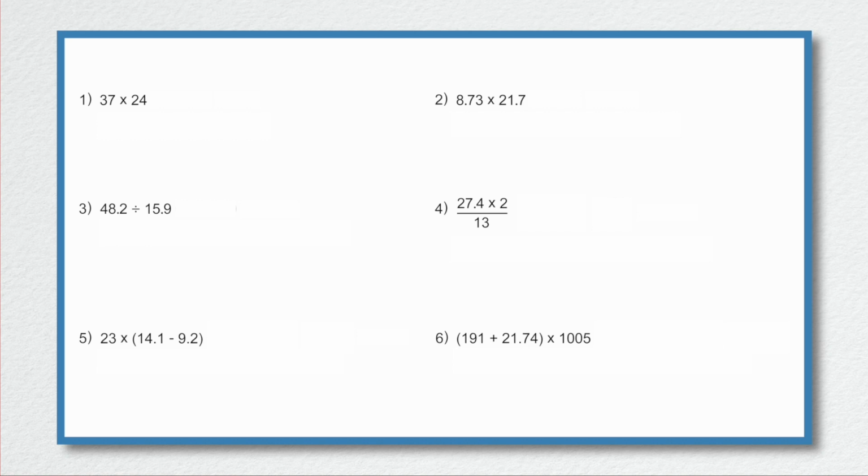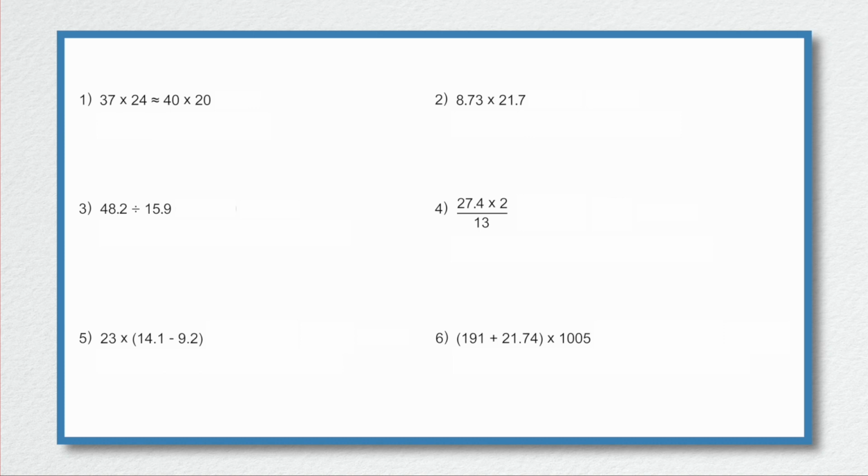So question 1 is 37 multiplied by 24. So what we're going to do is round 37 and 24 to one significant figure. What we do is we put in these 2 squiggly lines to say that this is an approximation. 37 is 40 to one significant figure, and 24 is 20 to one significant figure.